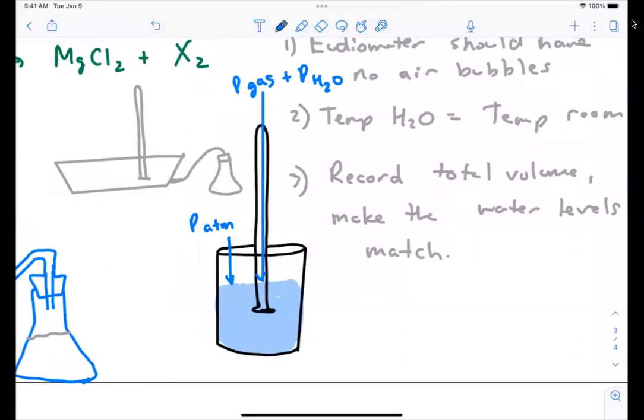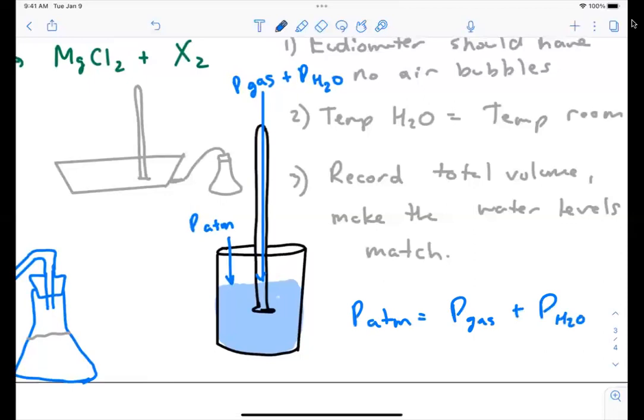So you want to be able to assume that the pressure inside the eudiometer is equivalent to the pressure of the outside. So you need to have those water levels be the same, because that allows us to make an assumption that these two values are equivalent, that the pressure of the atmosphere is equal to the pressure of the gas plus the pressure of the water vapor.